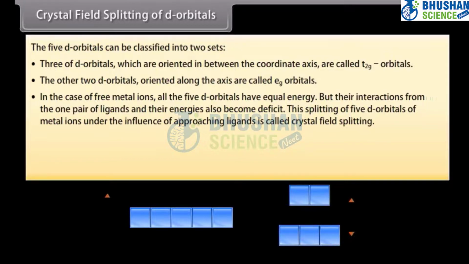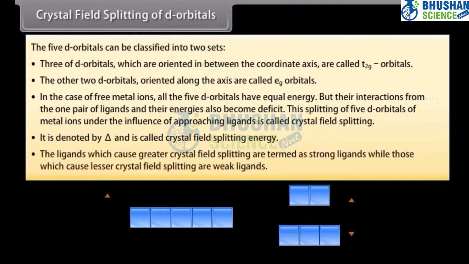This splitting of the 5 d orbitals of metal ions under the influence of approaching ligands is called crystal field splitting. It is denoted by delta and is called crystal field splitting energy. The ligands which cause greater crystal field splitting are termed strong ligands, while those which cause lesser crystal field splitting are weak ligands.